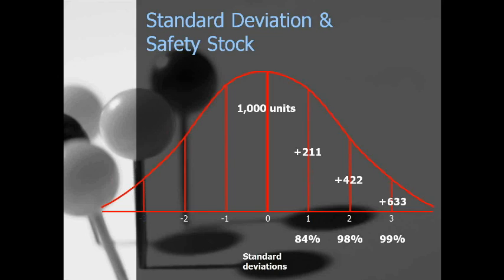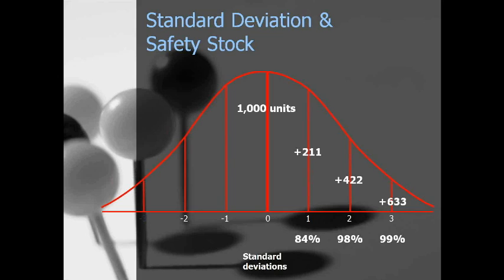So you would say 1.8 times 211, which is our standard deviation quantity, and you'd be able to say to management, we need 400 pieces of safety stock in addition to the 1,000 pieces of stock that we normally carry. With that 400 pieces of safety stock, 95% of the time, you'd be able to fill an order from stock.